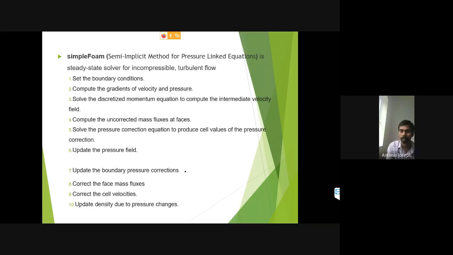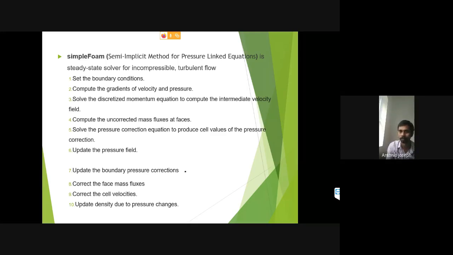So please do remember we have three solvers now: icoFoam, pisoFoam, and simpleFoam. icoFoam can be used where the flow is laminar and unsteady, and it can be used only for Newtonian fluids.